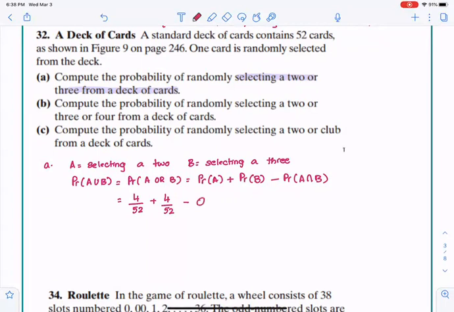So that would be 0. A and B are mutually exclusive events. So that would be equal to 8 over 52. We could simplify it and write it as 2 over 13. So the probability is simply 2 over 13. You could write it in terms of decimals also.